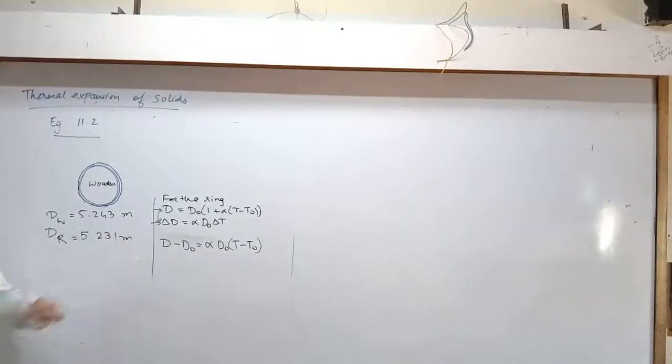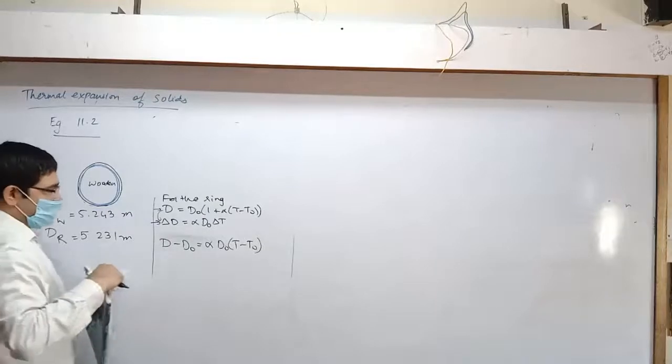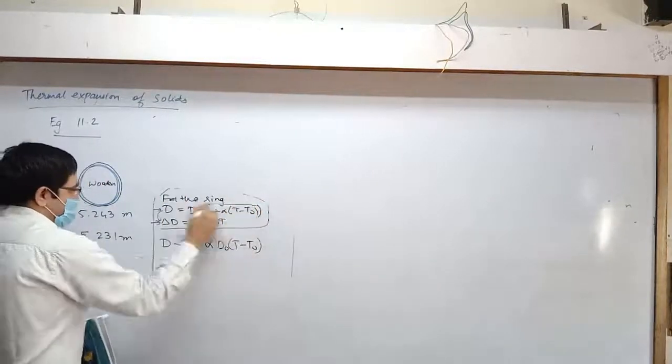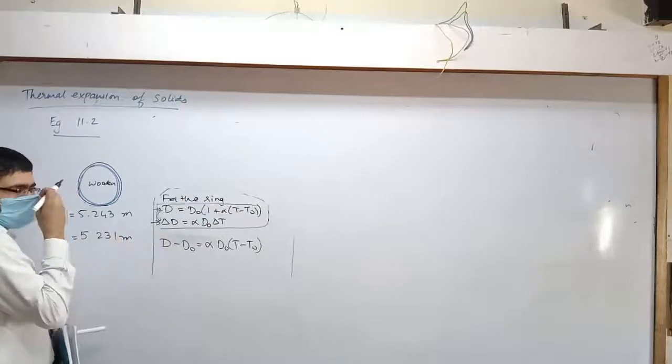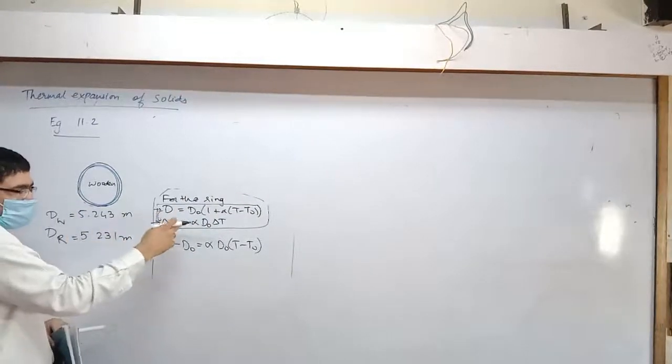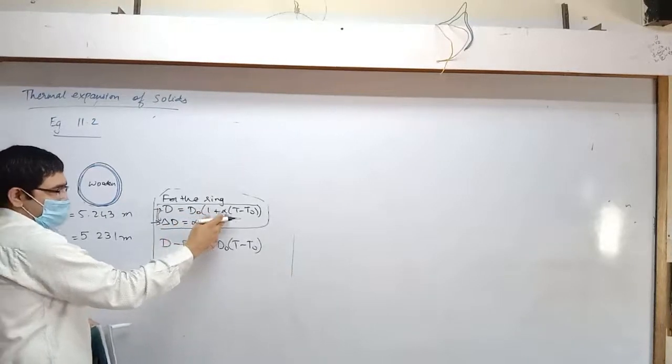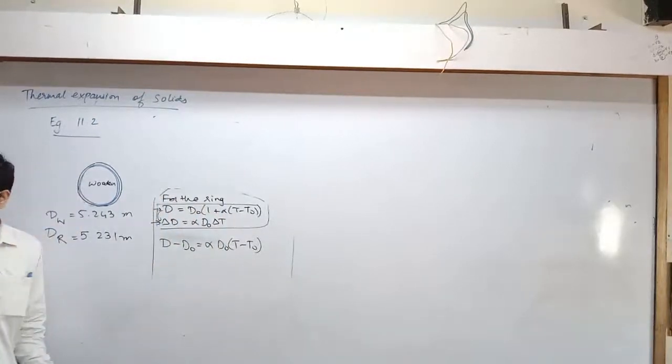Okay or not okay? So there are two ways. I would expect that you remember at least one of these two formulas. This is the one for L: delta L equal to L0 alpha delta T, or L equal to L0 (1 plus alpha (T minus T0)). Clear?